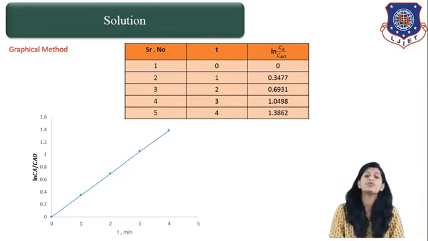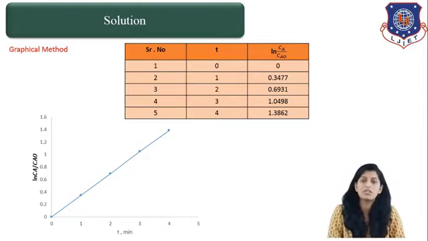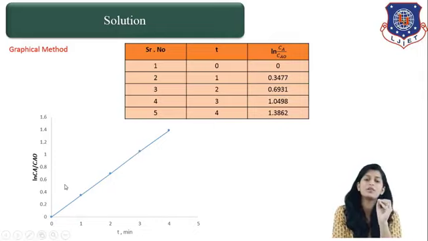And if you need to determine the value of the rate constant using the graphical method, you need to determine the slope of the given graph just by doing y2 minus y1 upon x2 minus x1 between two given points. Once you do that, you will get the value of the rate constant, right.